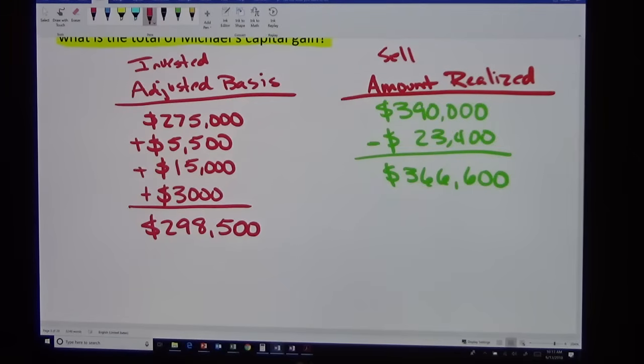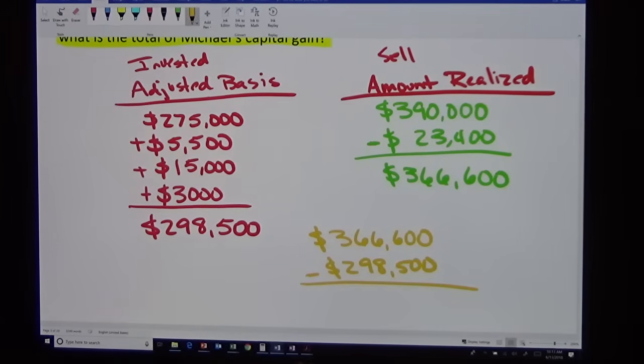Our capital gain is going to be the difference between those two. So when we talk about a capital gain, we've got $366,600 as the amount realized minus $298,500 as the adjusted basis.